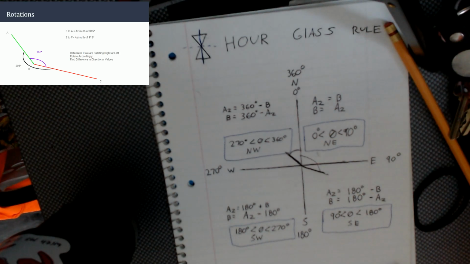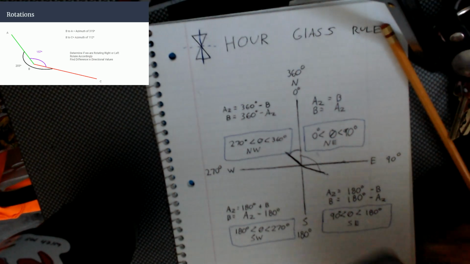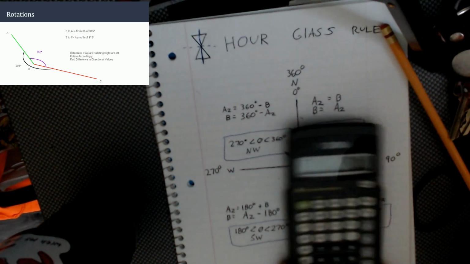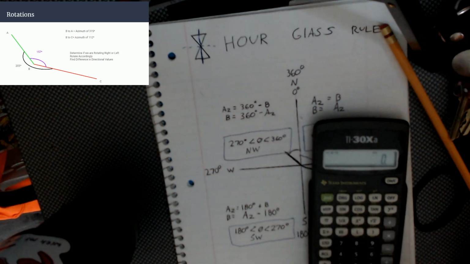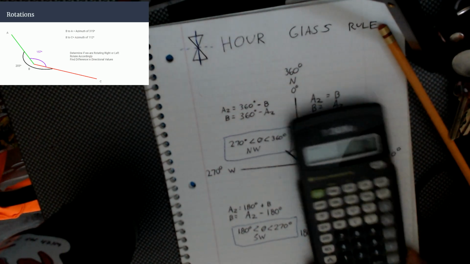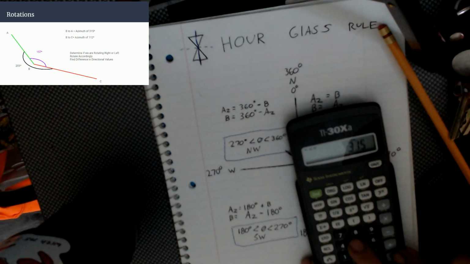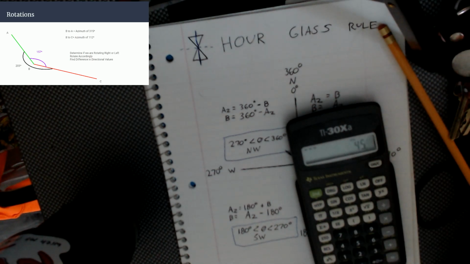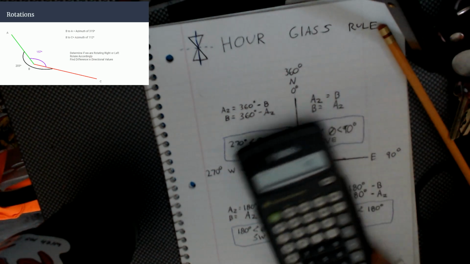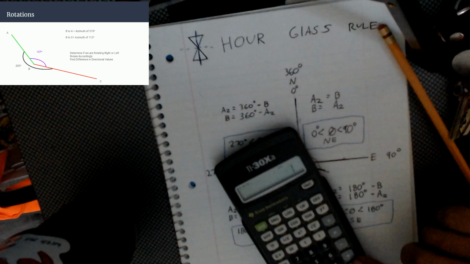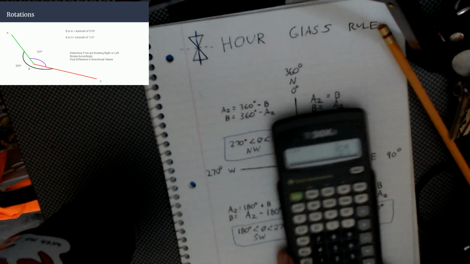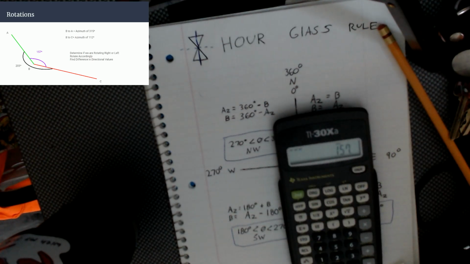So we could say an azimuth of 315. Let's find the bearing value of that. For a bearing value of 315, we can say 360 minus 315, we get 45. Then we can say 45 plus 112, we get 157.